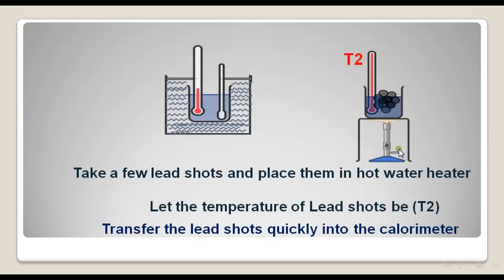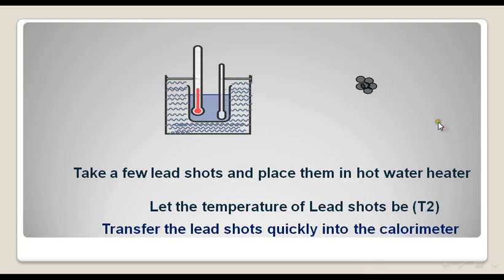Now we have to take some lead shots in a beaker with water, and we have to increase the temperature up to T2, and then we have to note it down. T2 is the high temperature. Now immediately we have to transfer the lead shots into the calorimeter.